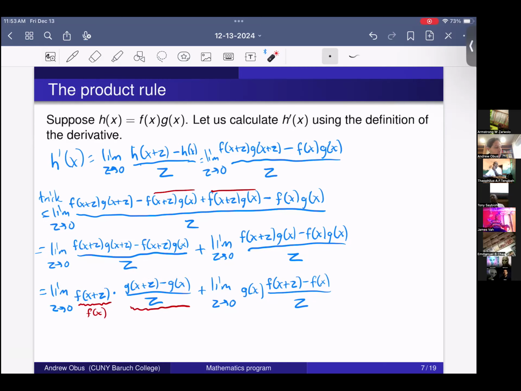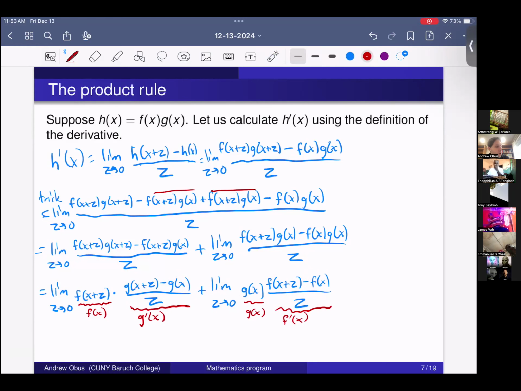So this is g prime of x. Now here, g of x is just g of x. There's no z in it at all. And then over here, I have f of x plus z minus f of x over z, limit as z goes to 0. That is just the formula for the derivative of f, so this is f prime of x.